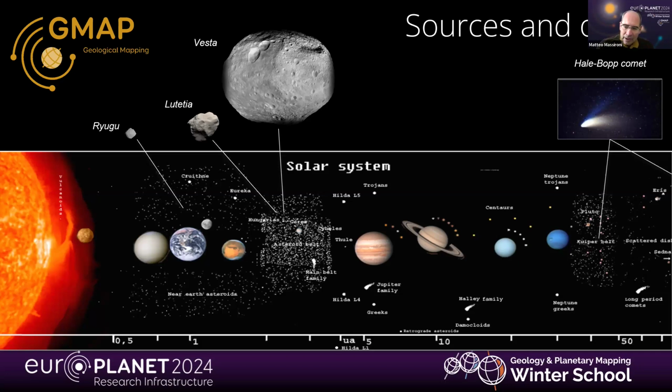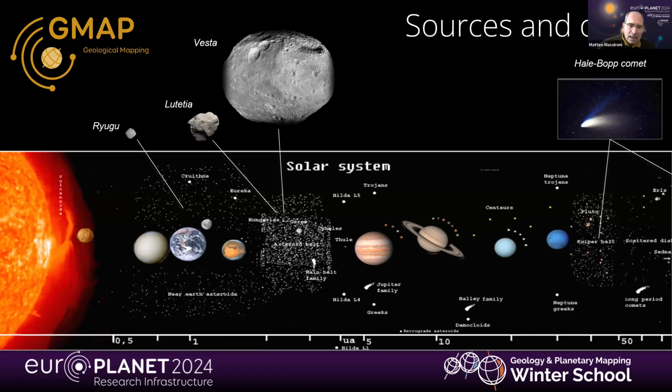And then we have the comets, but the main source of the comets is in the more outer part of the solar system. Some Jupiter family comets have an aphelion close to Jupiter, and the other ones are a little bit farther, but we will see afterwards.